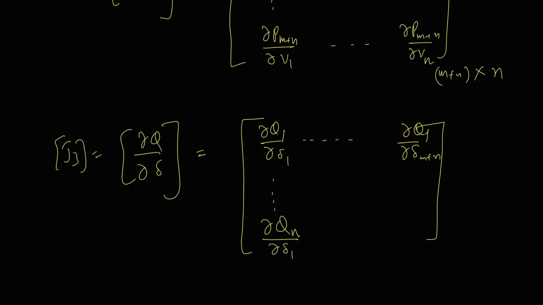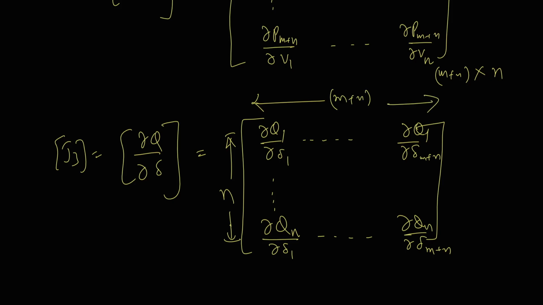So the rows are n, since q is specified only for q1 to n, and the columns are m plus n.